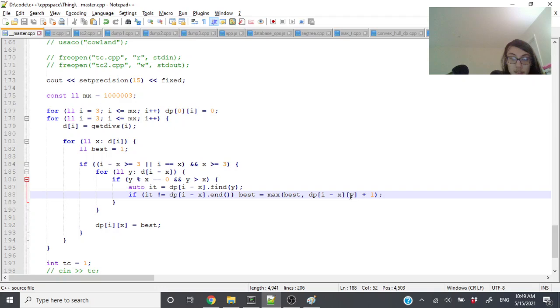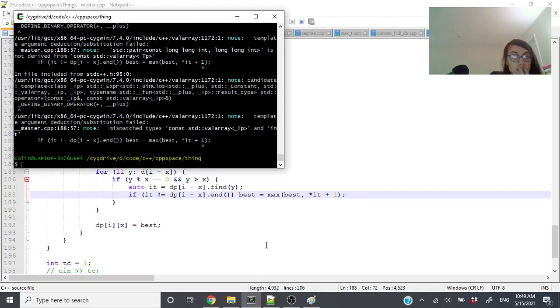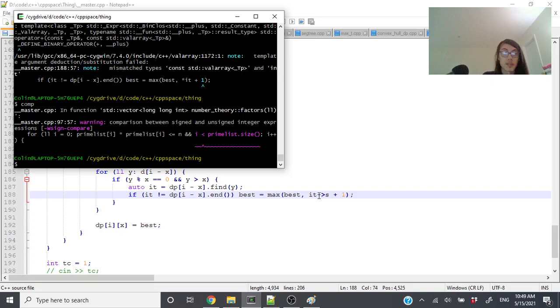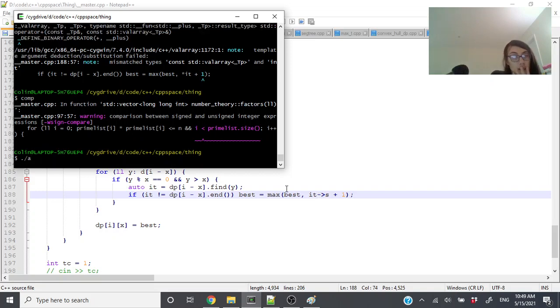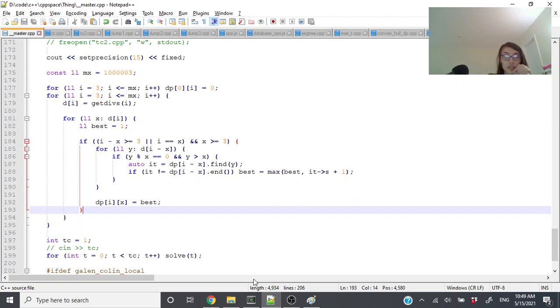So if it is not equal to that, then this should be star it. Okay. Oh wait, it should be it to the second. The second value in the it, because it's a pair of key values, so we need the second value. That makes sense.